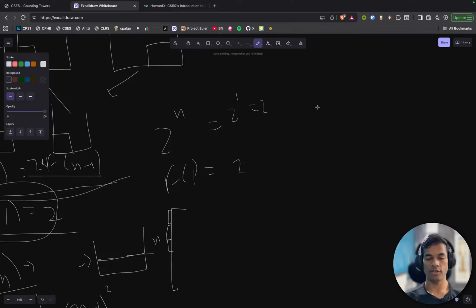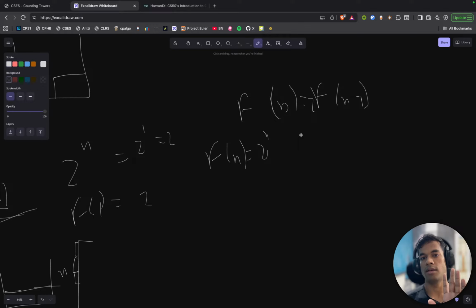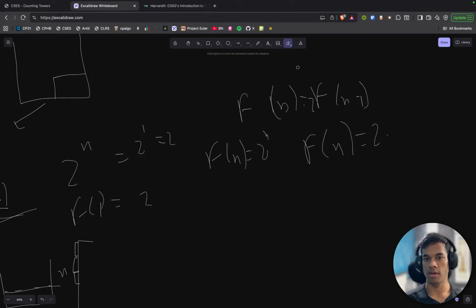And let's use induction. Our recursive function gives us fn equals 2 into fn minus 1. And we are saying that fn equals 2 power n. Using the inductive hypothesis, fn minus 1 equals 2 power n minus 1, my bad, sorry.